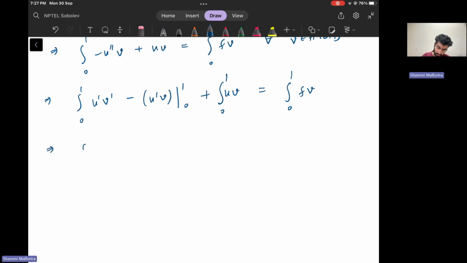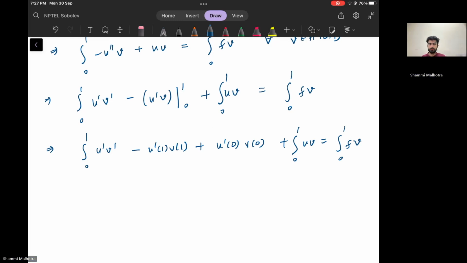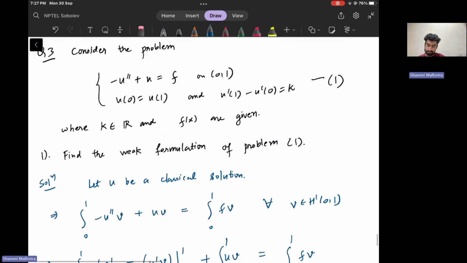And this is nothing but integral 0 to 1 of u dash v dash minus u dash 1 v1 plus u dash 0 v0, plus integral 0 to 1 of uv equals integral 0 to 1 of fv. One thing we are interested in is this u0 and u1 to be equal.